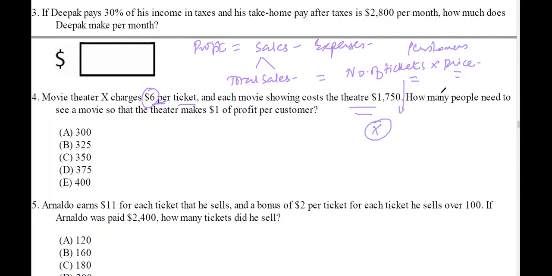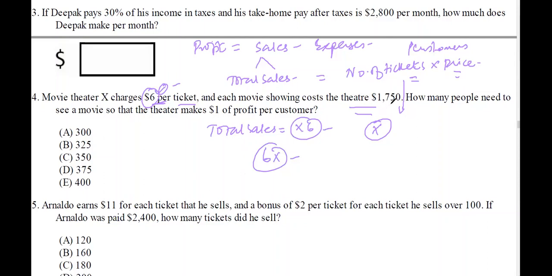Okay, so number of tickets into price. If X is the number of tickets and the per ticket cost is $6, it means that the total sales is basically equivalent to 6 into X, or 6X.